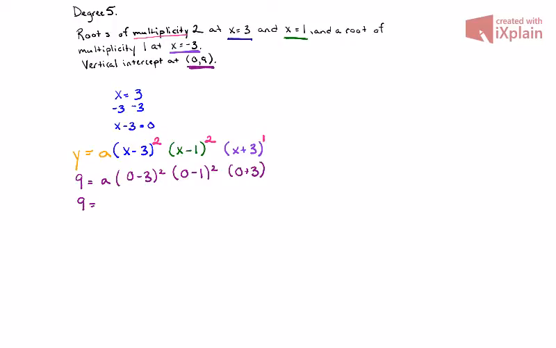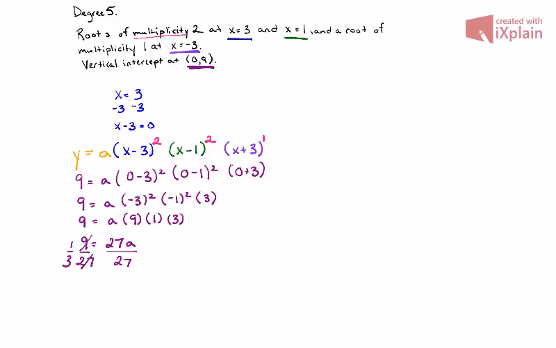So at this point, we are just going to solve for our variable a. We have 9 is equal to a times negative 3 squared times negative 1 squared times 3. This simplifies down to a times positive 9 times positive 1 times 3. Now 9 is equal to, if we do that multiplication, 27 times a. I'm going to divide both sides by 27, and then we can reduce this down to 1/3.